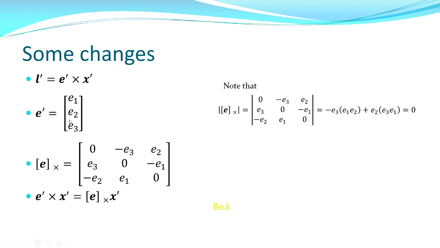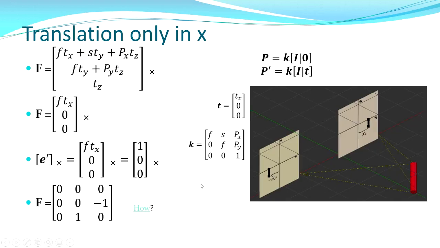If there is a vector like this, then the cross product notation is given by this matrix over here. You can see that E1 comes over here, and we had E2 and E3 as 0. So it is only this thing and this thing that is going to be there, and all other things will just be 0. Right, so this is the fundamental matrix corresponding to the stereo disparity case.